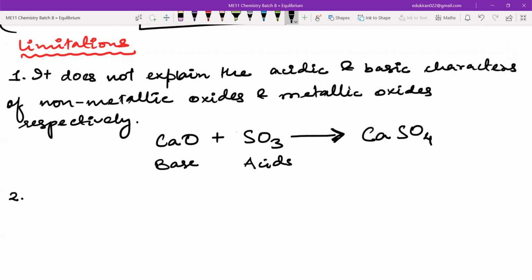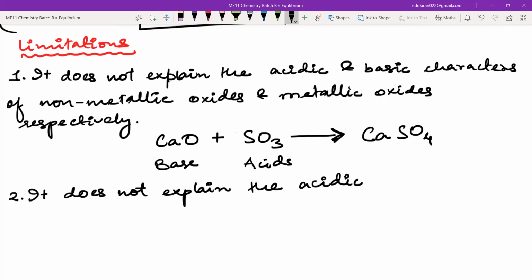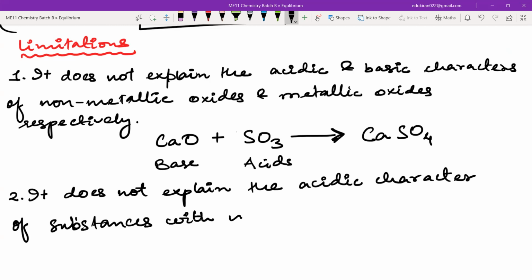Secondly, it does not explain the acidic character of substances with incomplete octet.